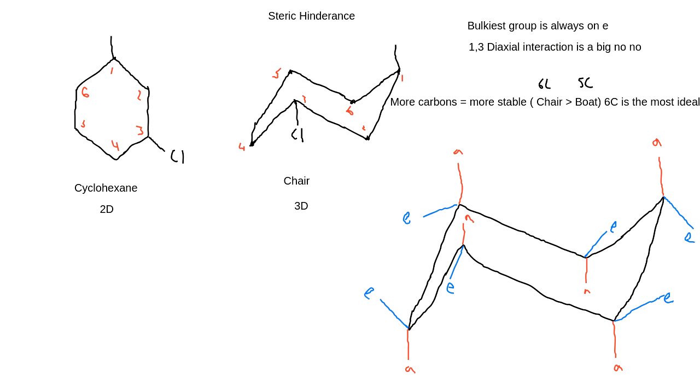Basically, less substituents equals more stable. If you have less substituents colliding with each other, obviously they're going to be more stable. As well as more E equals more stable. If you have more equatorial positions, they are also more stable. We'll get into what that looks like with examples.